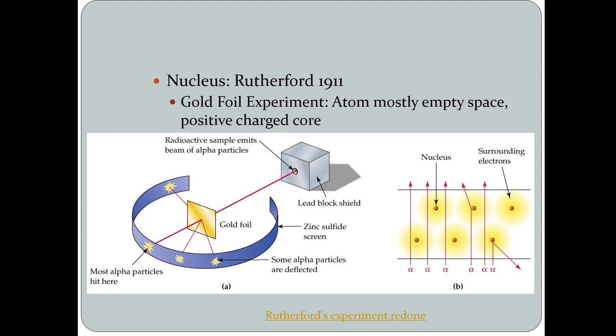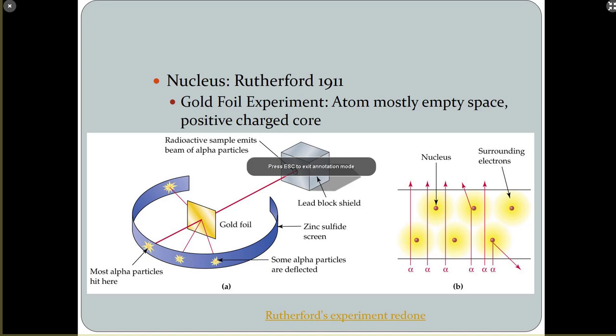Now, an alpha particle is a radioactive particle and it's positively charged. And so to control where it's going to come out of, it's kept in this metal block with just one opening so that this alpha particle can come out of that one opening, and so Rutherford could aim it, so to speak, at the gold foil.